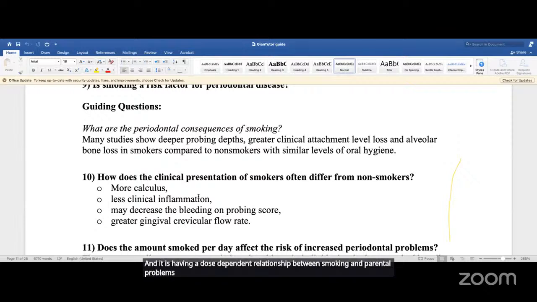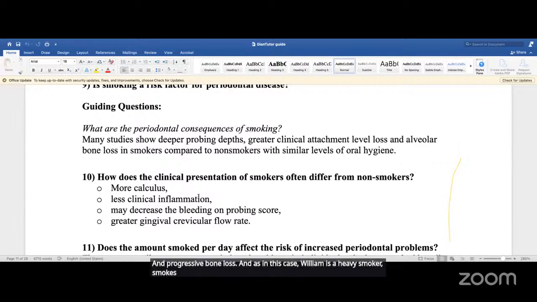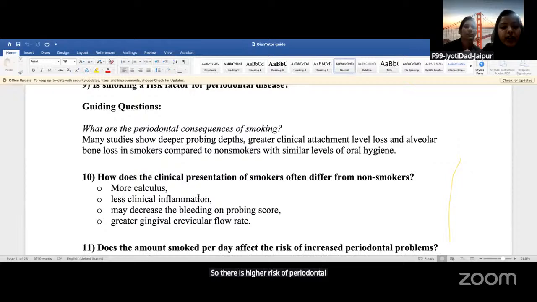Smoking influences periodontal health through increased clinical attachment loss and progressive bone loss. In this case, William is a heavy smoker, smoking more than 20 cigarettes per day, so there is a higher risk of periodontal disease progression.